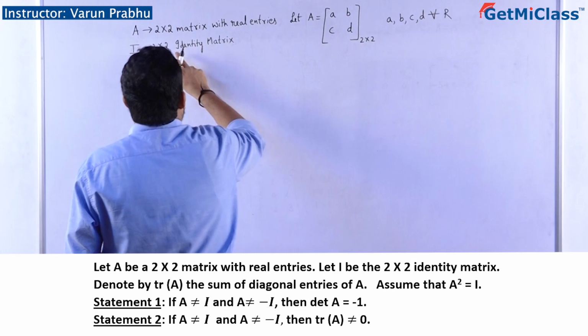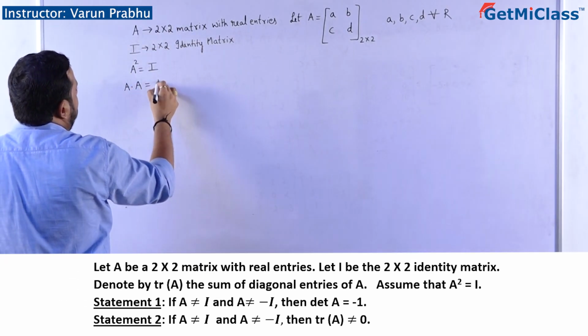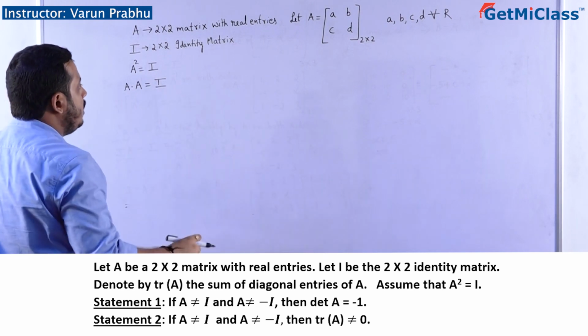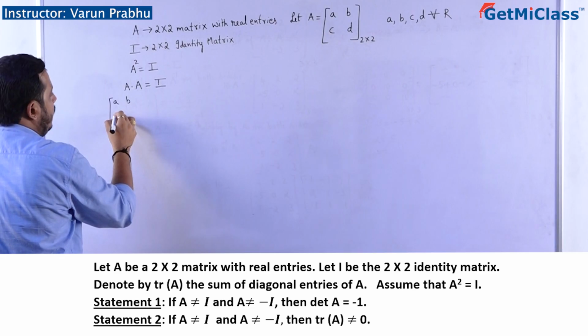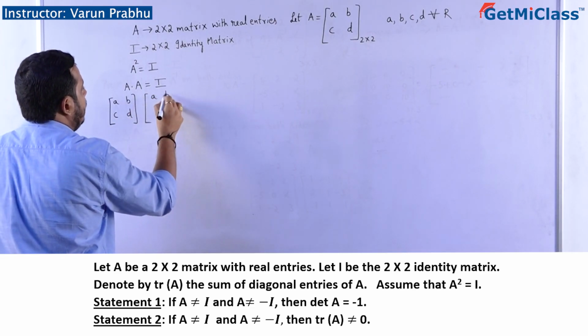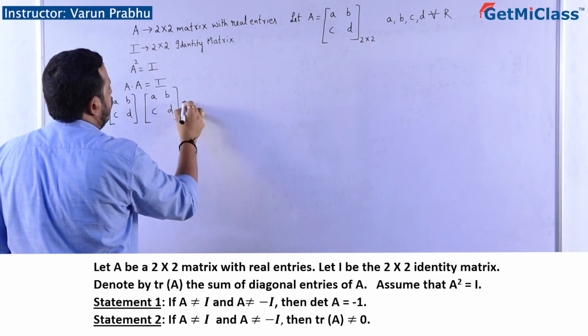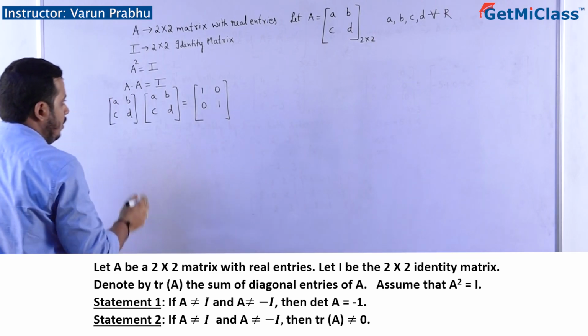Real numbers. I be a 2 cross 2 identity matrix and assume that A square is equal to I, which is nothing but A into A is equal to I. So I can write here [a, b; c, d] multiplied with [a, b; c, d], that is equal to the 2 cross 2 identity matrix, which can be written as [1, 0; 0, 1]. Is it not?